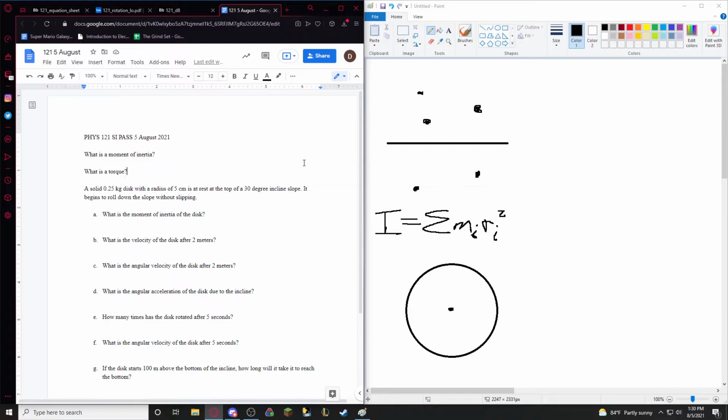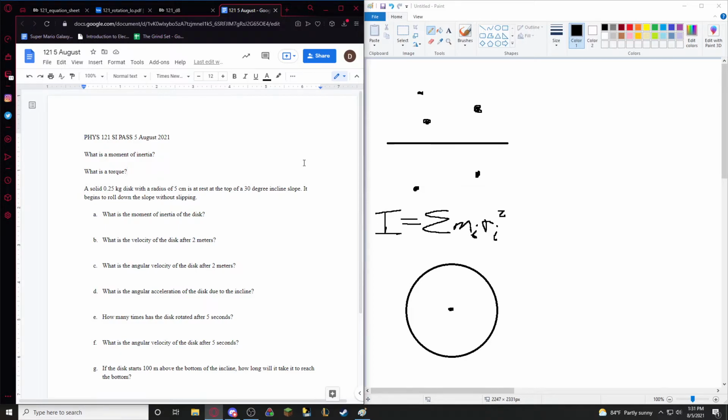So what is a torque? The other main thing we want to understand. A force applied to make something move, right? But it's applied so that it moves in a rotational sense. Mm-hmm.